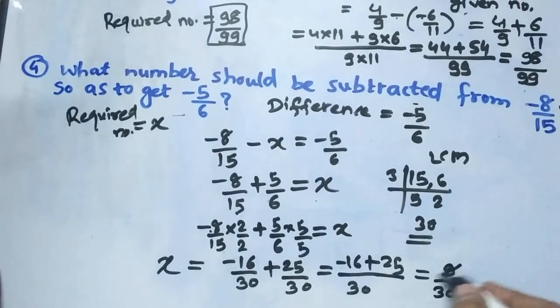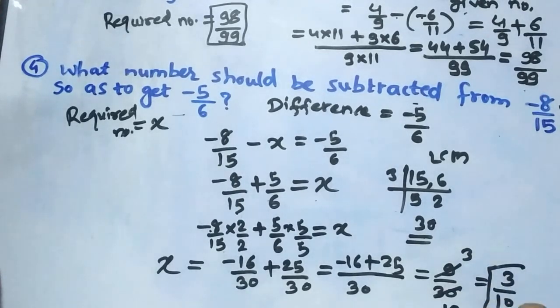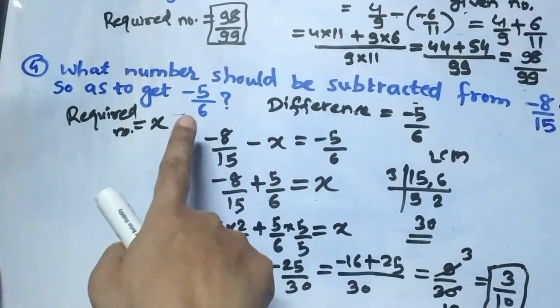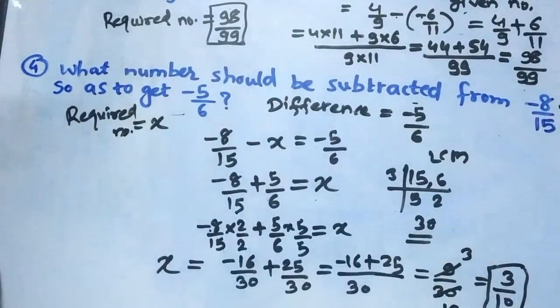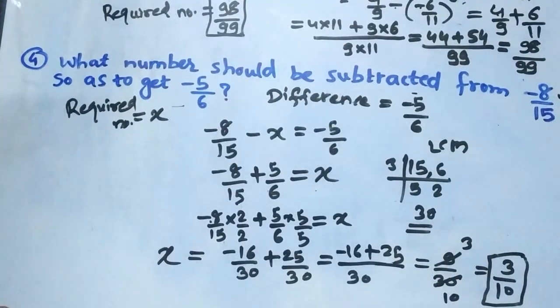Now friend, 9 by 30 you can simplify. 3 3s are 9, 3 10s are 30. So 3 by 10 is your final answer. So 3 by 10 should be subtracted from minus of 8 by 15 in order to get minus 5 by 6. Hope you have understood it. Thank you.